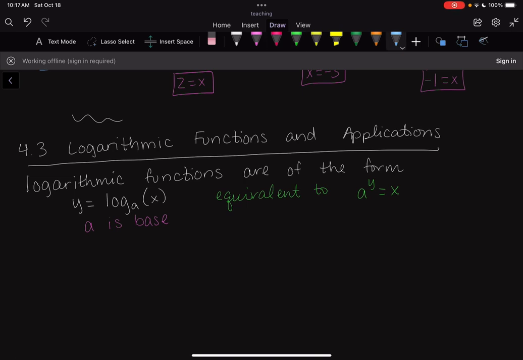Another really important thing about logarithms is that the inside of the parentheses has to be greater than 0. So we are going to have domain restrictions here.